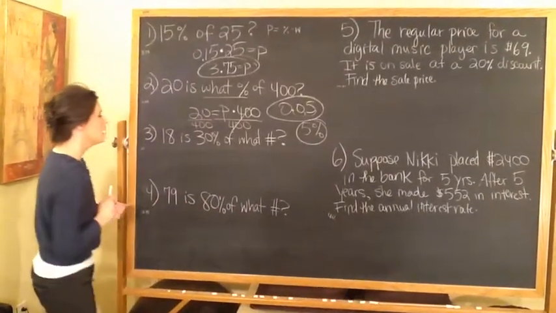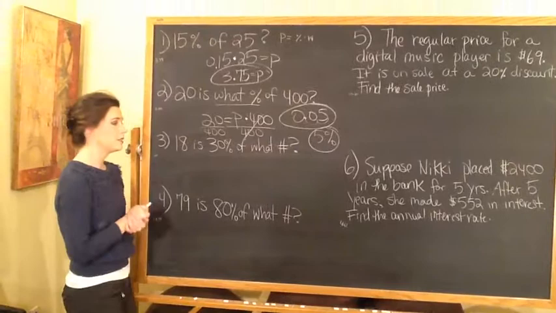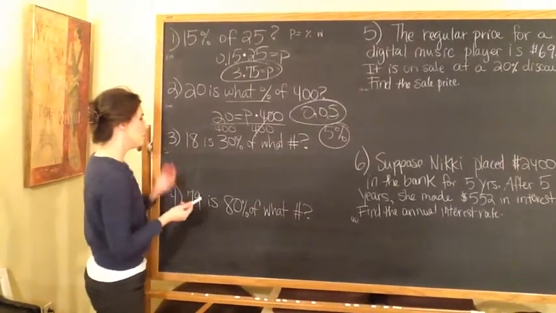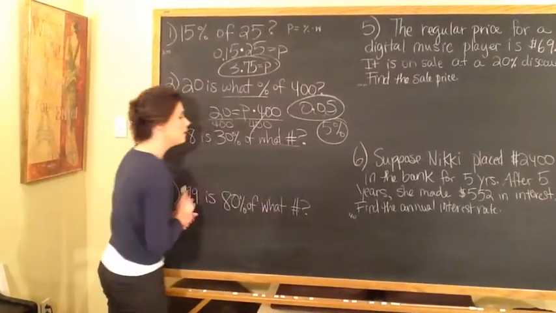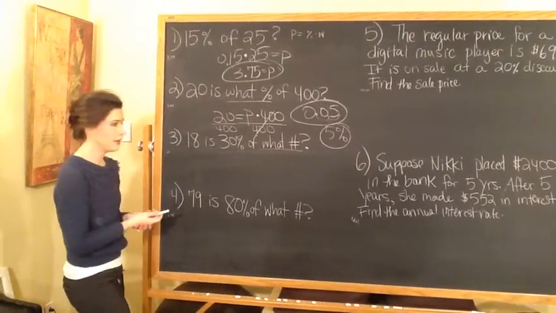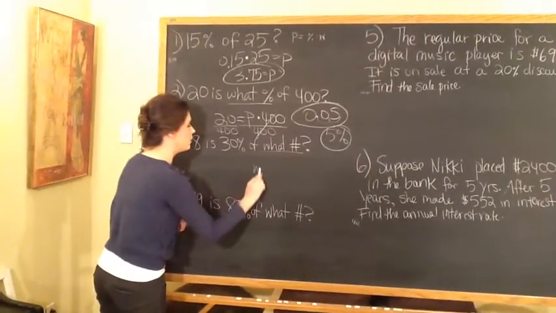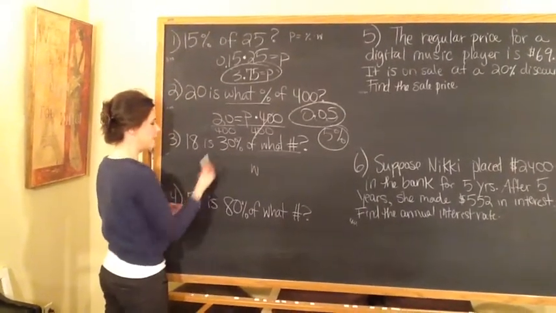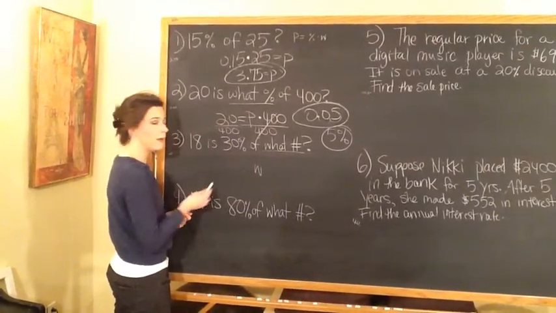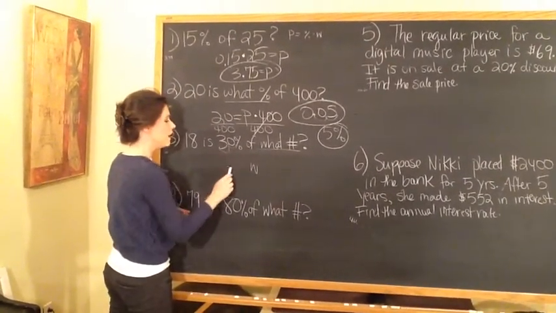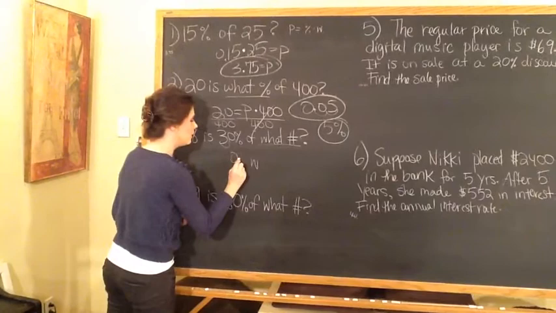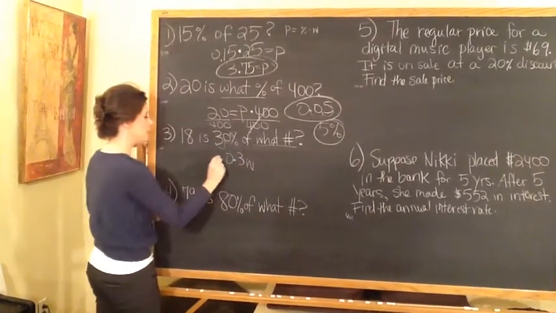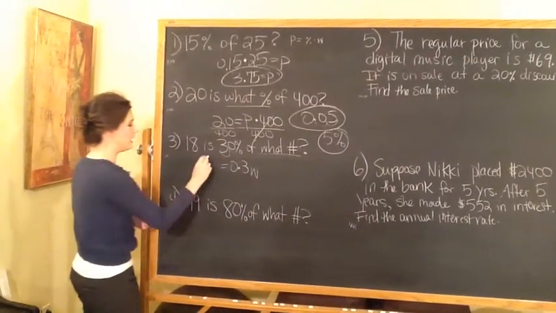Alright, number 3. It says 18 is 30% of what number? So first of all, I see it says of what number, so that means my whole is going to be missing. So I'm going to have my variable w. And then it says 30%, so I'm going to change it to a decimal by moving the decimal 2 places to the left. So I'm going to have 0.3 times w is equal to the part, which is 18.